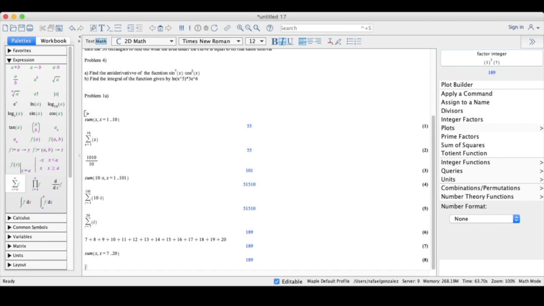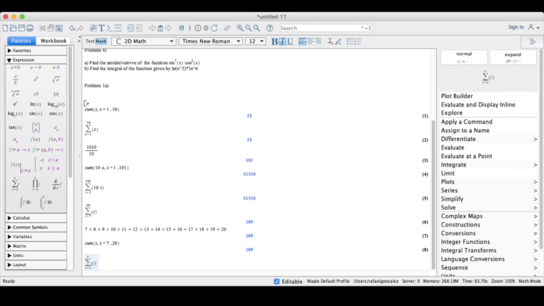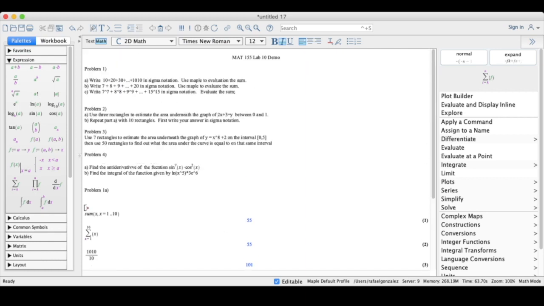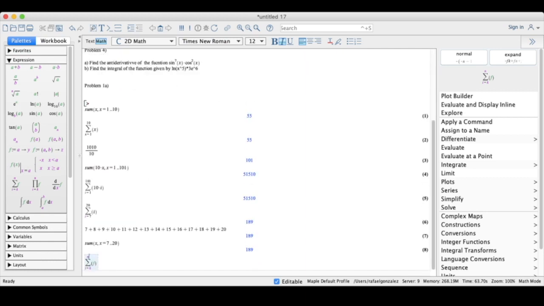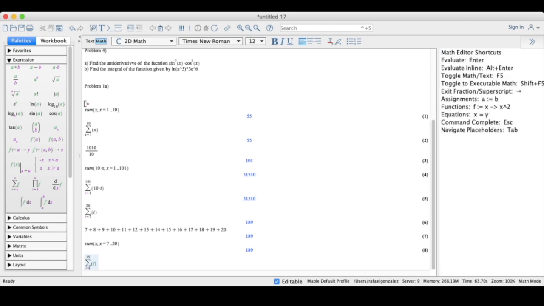So let me use the sigma symbol, and notice that we're ending at 15, not 20 this time. So we're going to go up to 15. We're going to start at 7.